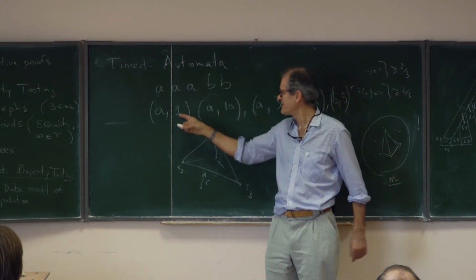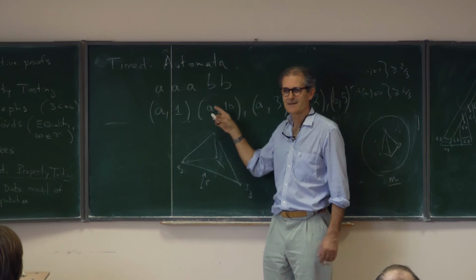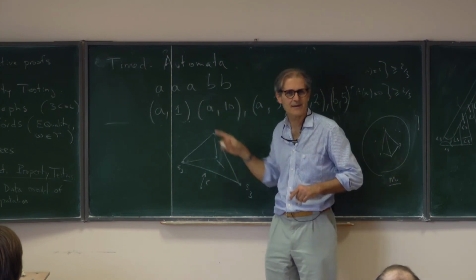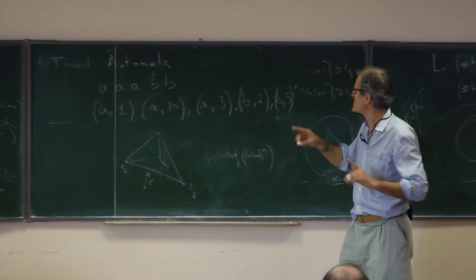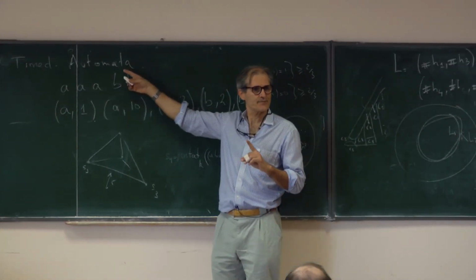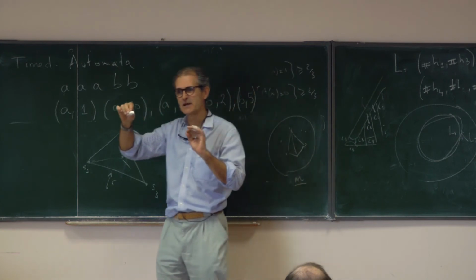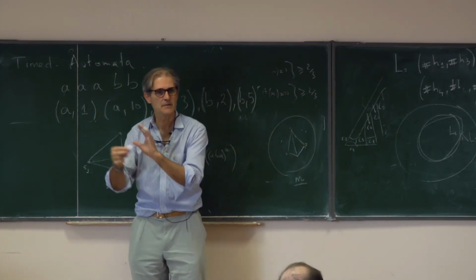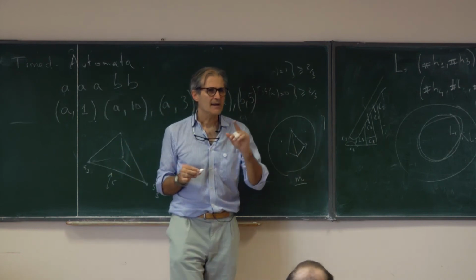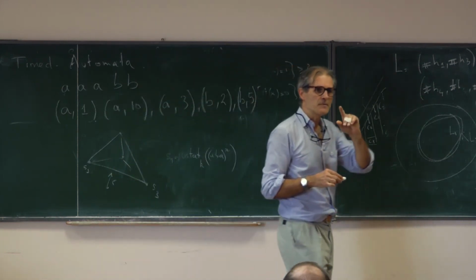So maybe it's 1 millisecond, this is 3.5 milliseconds, and so on and so forth. And there is a notion of a timed automaton where essentially on the transition you have a constraint on these variables, a linear combination of these variables. And that's much closer to the way people design circuits.